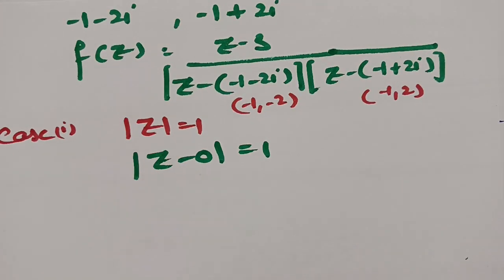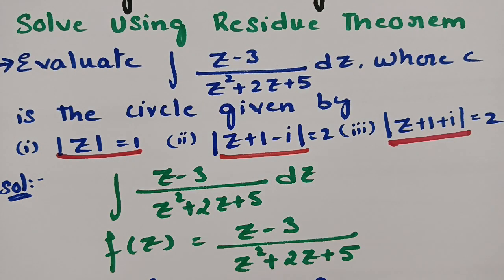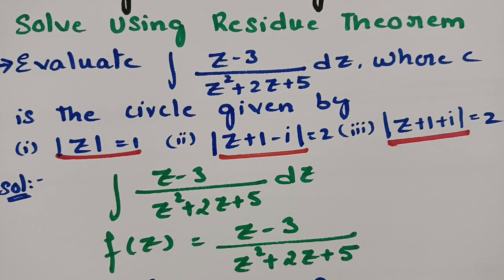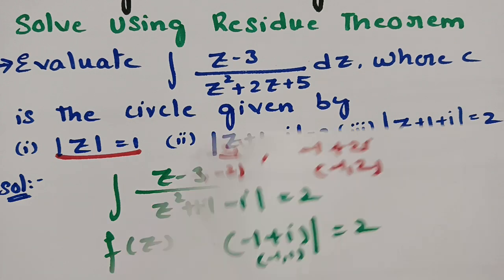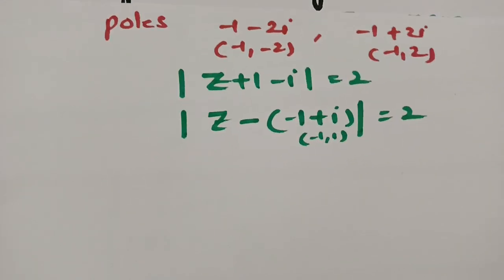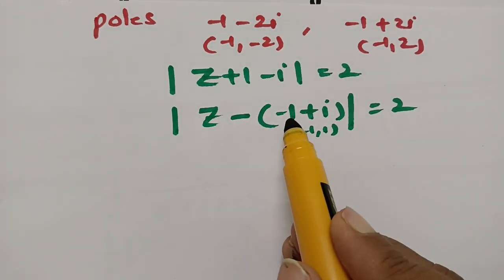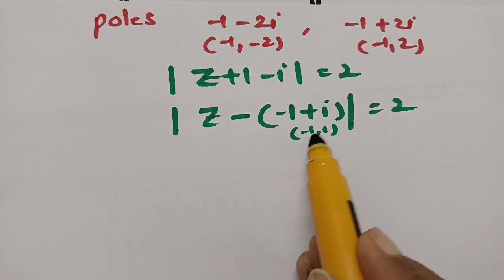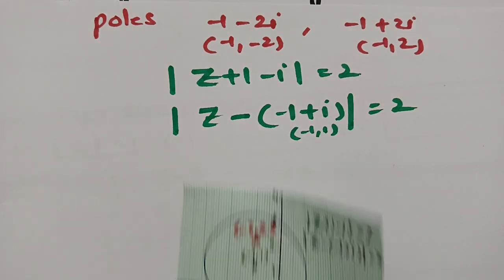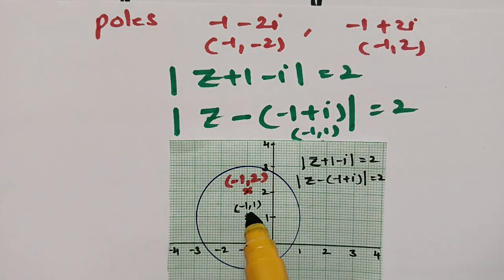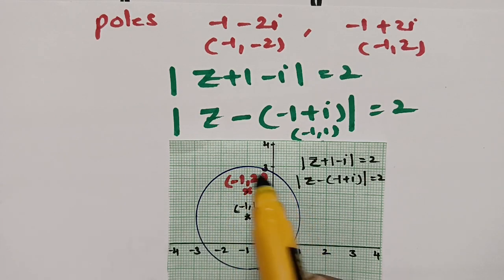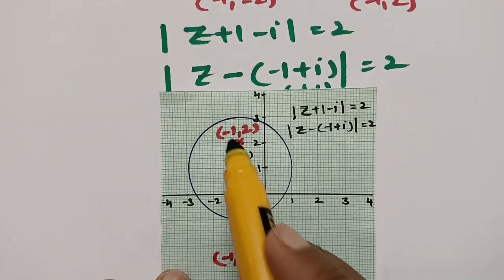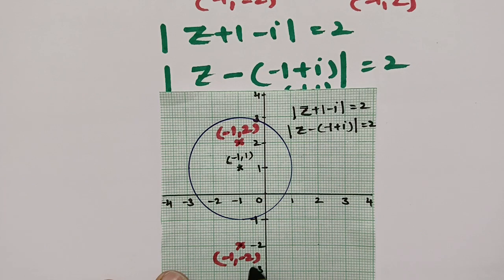And for the second case, what is the second case here? That is mod z plus 1 minus i is equal to 2. After finding the center point as minus 1 plus i, with 2 as radius, and after drawing, here are the two poles, minus 1 plus 2i and minus 1 minus 2i.